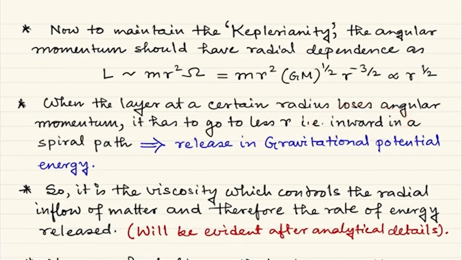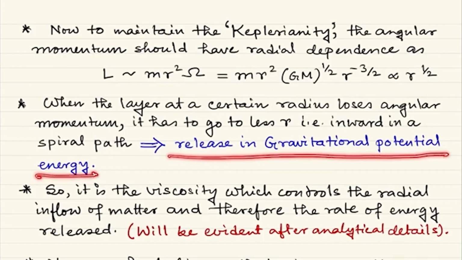But how does it go inward? It goes in a spiral path. Spiral path is of course necessary, because otherwise the Keplerian motion will not be there. And whatever be the path, finally the mass element is going closer to the central body. What is the outcome? There will be a release in gravitational potential energy. Clear?